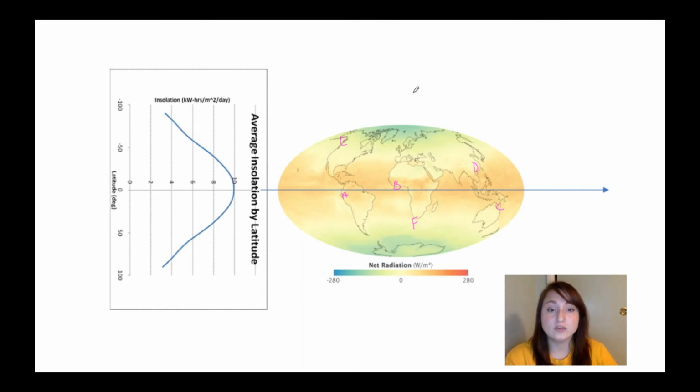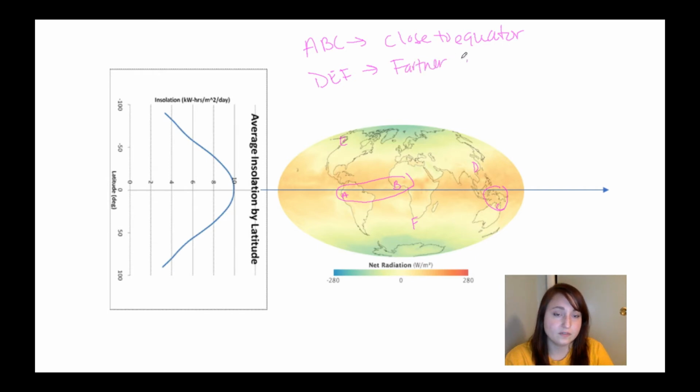What I would like you to find from this is that A, B, and C, A and B are here, here's C, very close to the equator. And D, E, and F are farther from the equator.